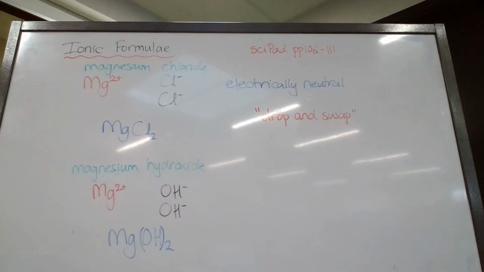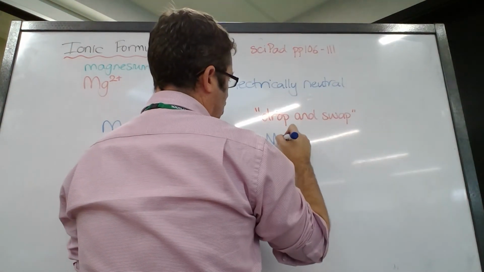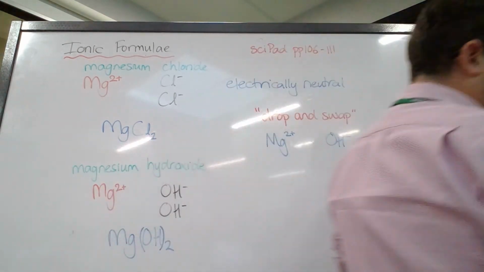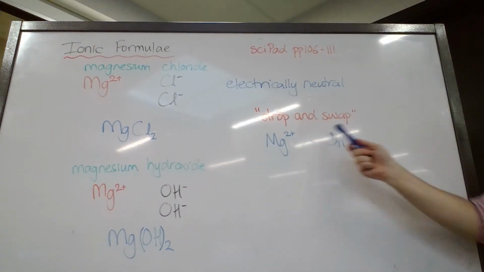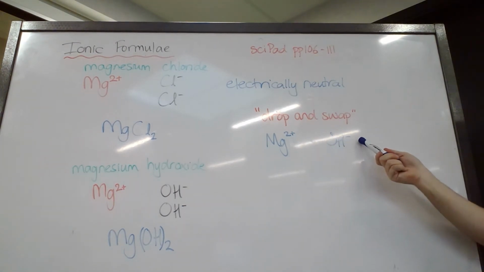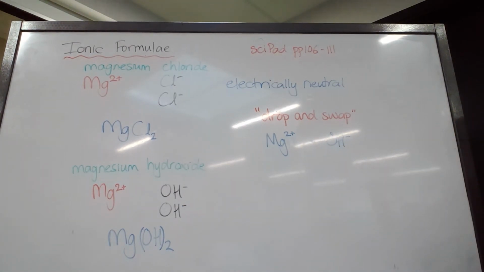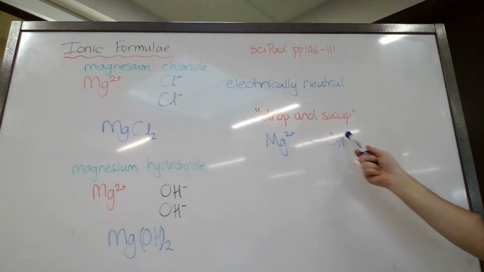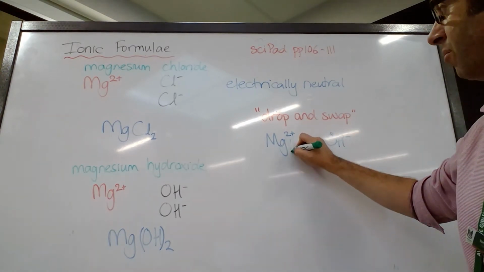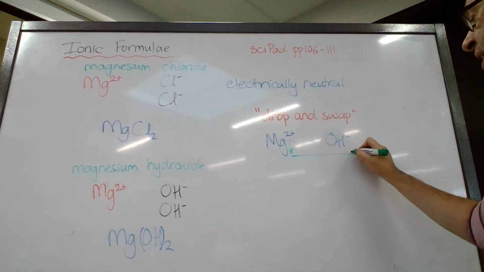When I write the ion charges out, I have Mg2+ and OH negative. If the numbers don't match, that's the first key step. If the numbers don't match, if this was a 2-, you don't use drop and swap. They just go together. If they don't match, then I take any of the numbers and I drop them, and then I swap them to the other one.